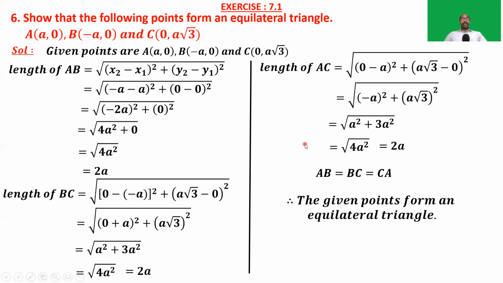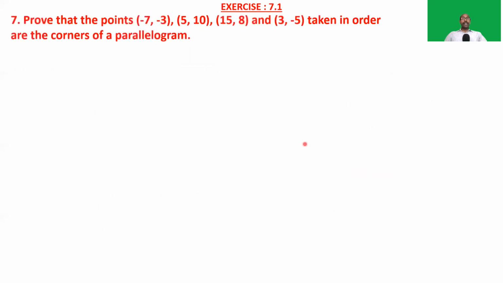And now next problem. Prove that the points (-7, -3), (5, 10), (15, 8), and (3, -5), taken in order, are the corners of a parallelogram. That is, these are the vertices of a parallelogram.